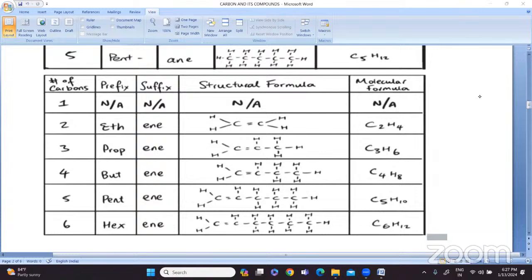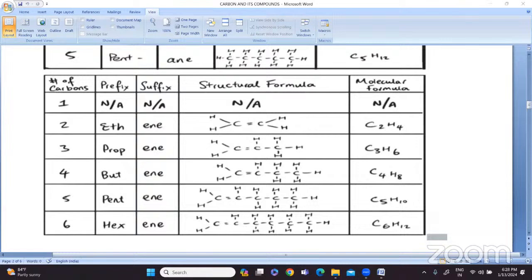They belong to alkenes. You can see there is a double bond between the carbon atoms. So they belong to alkenes.